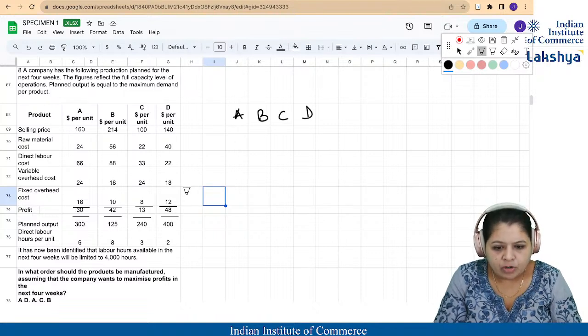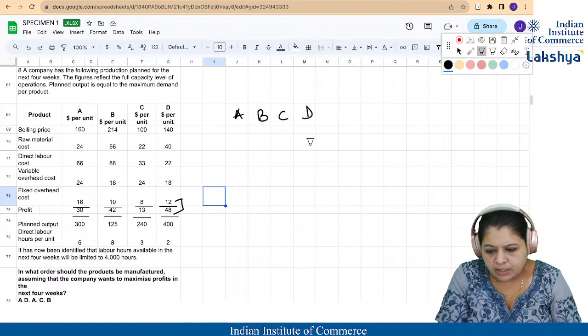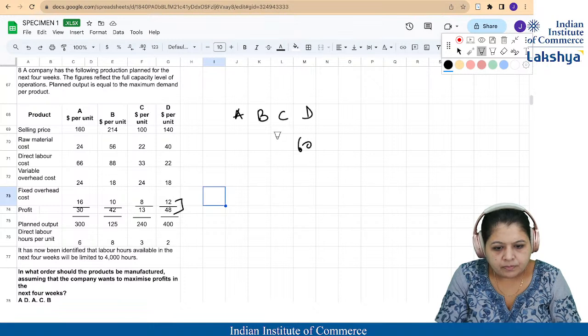Finding the contribution, I would just take my fixed cost and add up my profit to it, which is here 60, and then 21, then 52, and then 46. So this is my contribution.